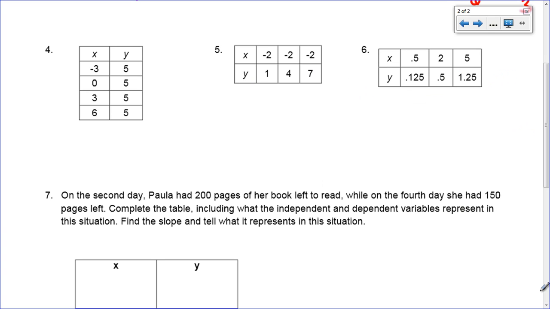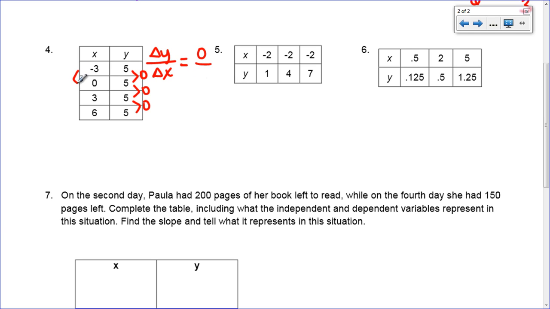Now number 4 is very interesting because if you notice in that table, if you look at the y values, you should notice that the y values are all the same the entire time. That should be a clue to you, but you haven't done this enough that you're going to pick up on it just yet. But if you look, my change from here is 0, and my change here is 0 because nothing is happening. So my change in my y values happens to be 0.